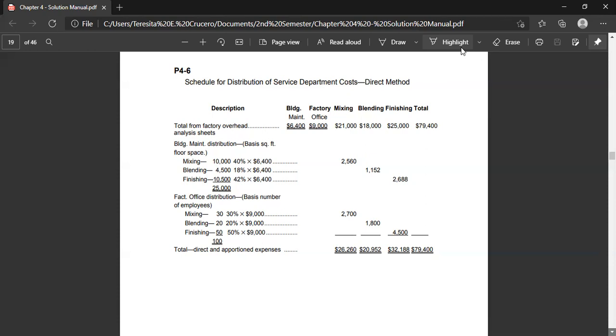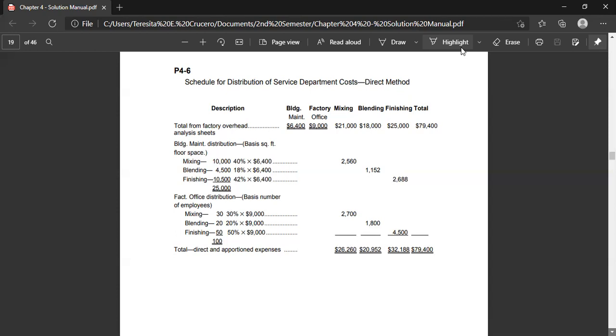And you get the ratio: 10,000 square feet divided by 25,000, so you get 40%. Then for blending, 4,500 divided by 25,000, you get 18%. And for finishing, 10,500 square feet divided by 25,000, you get 42%.